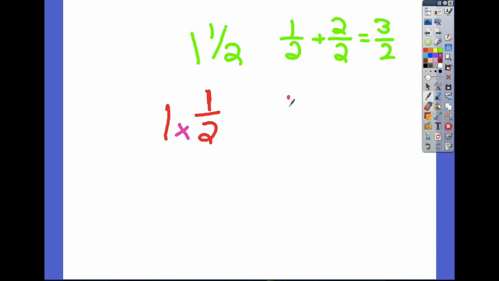So, of course I'm going to run out of room.